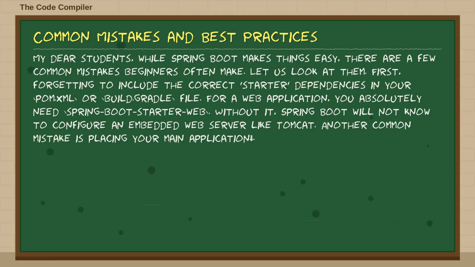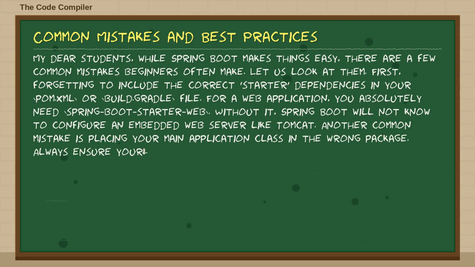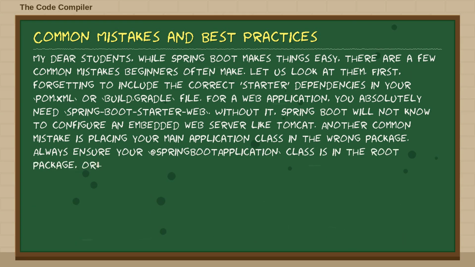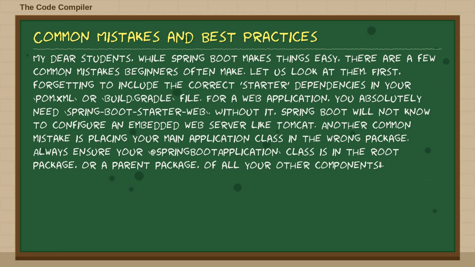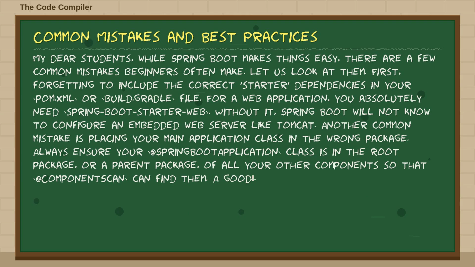Another common mistake is placing your main application class in the wrong package. Always ensure your @SpringBootApplication class is in the root package or a parent package of all your other components so that @ComponentScan can find them.